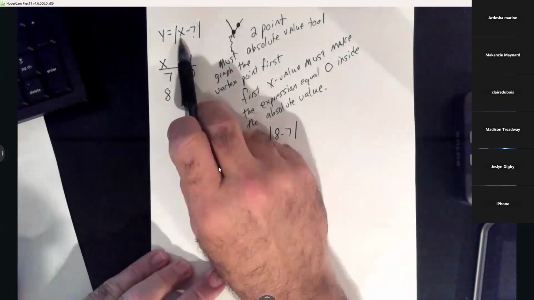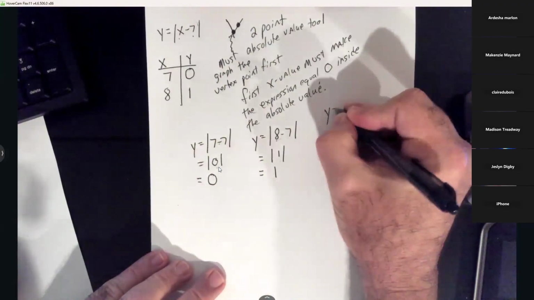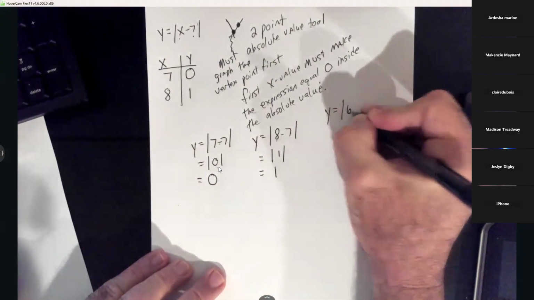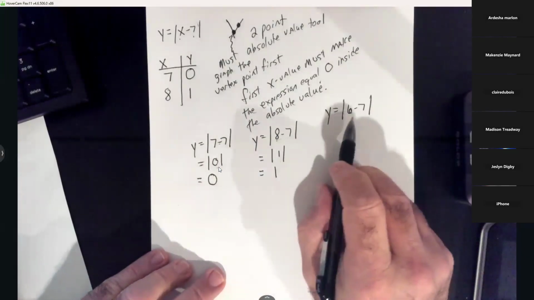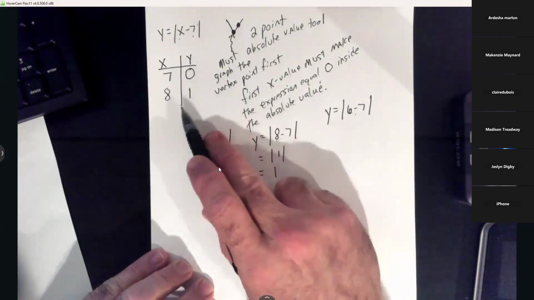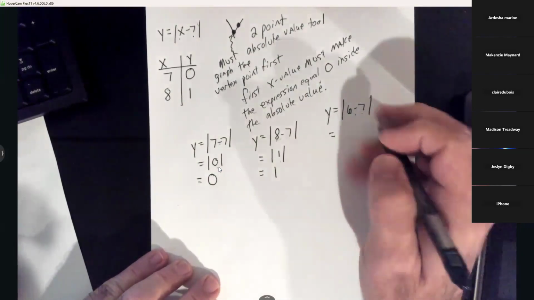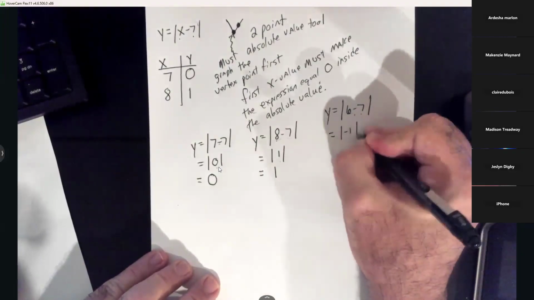Now, y'all, what if y'all would have put a 6 in here? I just want to see what y'all remember about absolute value. Say you would have put a 6 in here instead of an 8 like me. Well, 6 minus 7 is a -1.